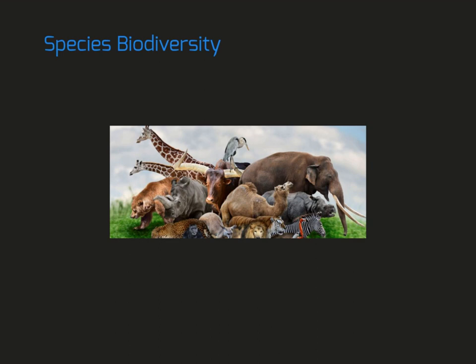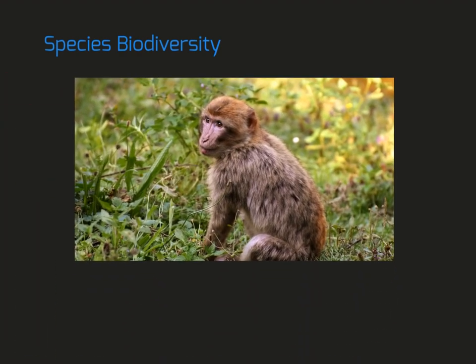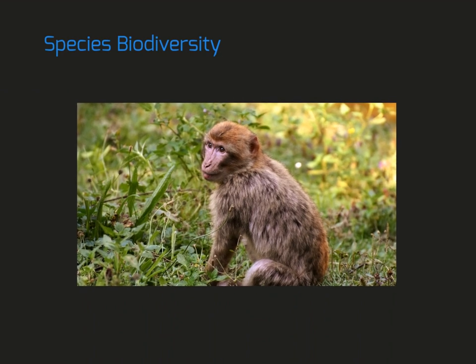And so actually a much better picture would be this one here. And so here you have a single monkey. I don't want you to just think about the single monkey. I want you to think about the other living things that are in the photo. What other living things do you see? You see a lot of different plants.